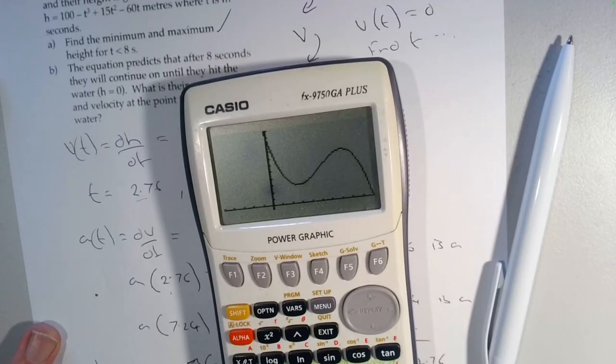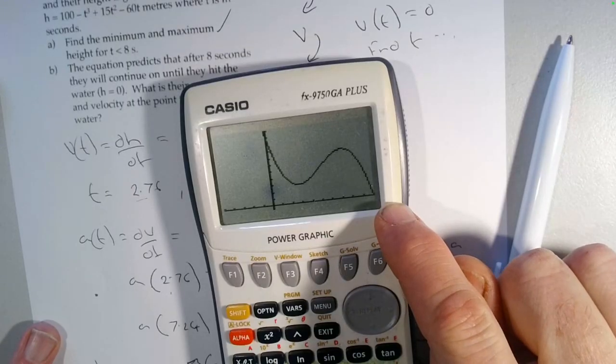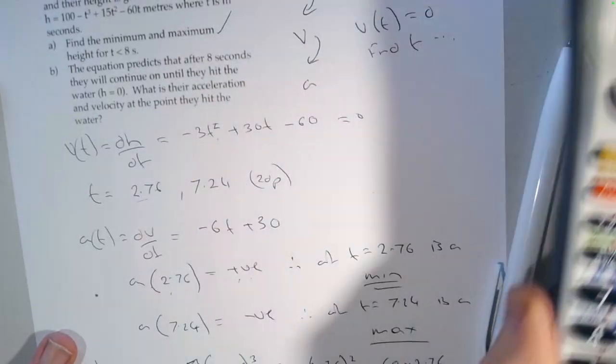Okay, it is struggling to get it, so let's just do it the algebra way.